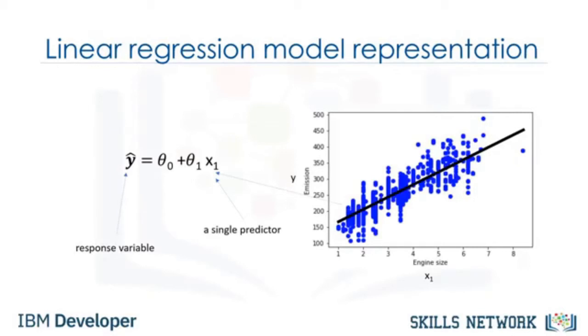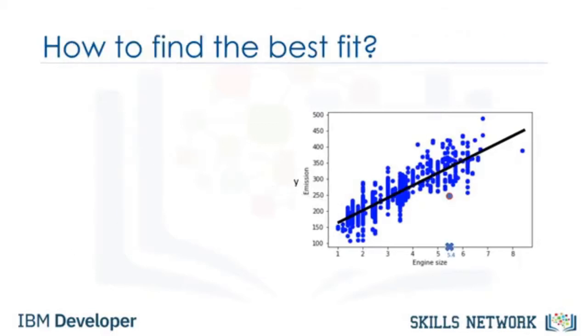For a moment, let's assume we've already found the best fit line for our data. Now let's go through all the points and check how well they align with this line. Best fit here means that if we have, for instance, a car with engine size x1 equals 5.4 and actual CO2 equals 250, its CO2 should be predicted very close to the actual value, which is y equals 250, based on historical data.